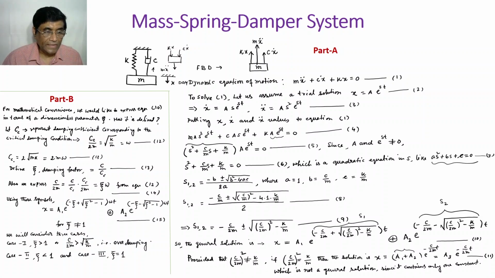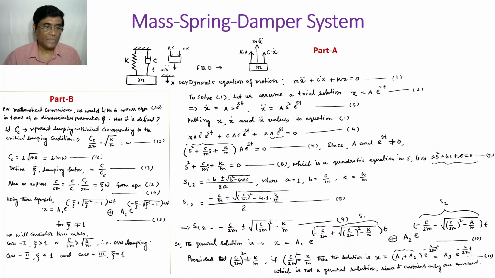Now, Cc is equal to, from here we are getting, 2 root over of mk, because this 2 goes, this m enters here with m square, so m cancels out. So 2 root over of mk equals, from here also, Cc equals 2m omega.